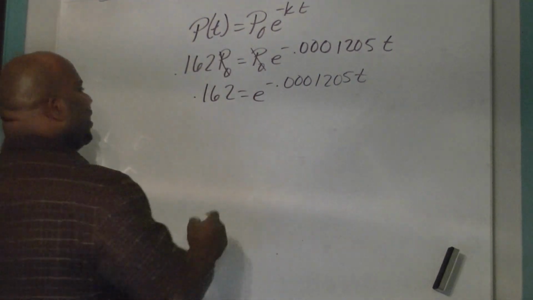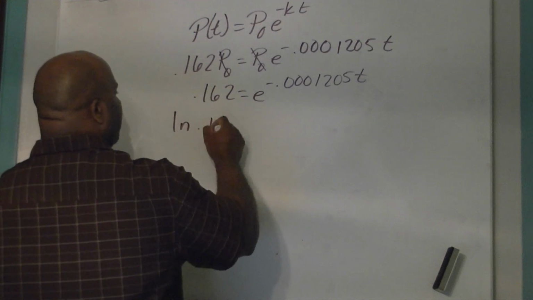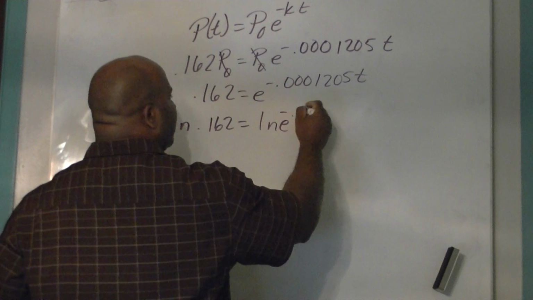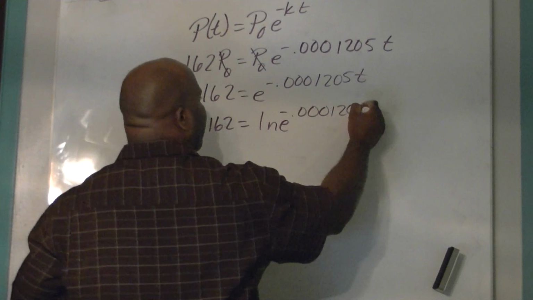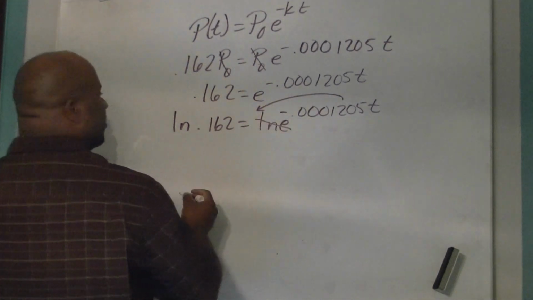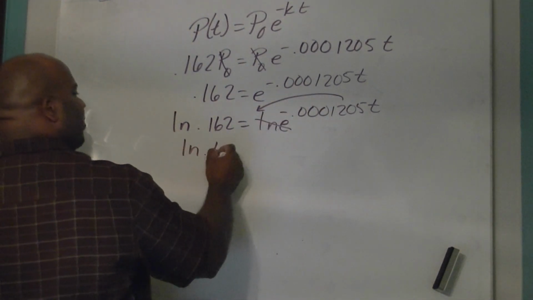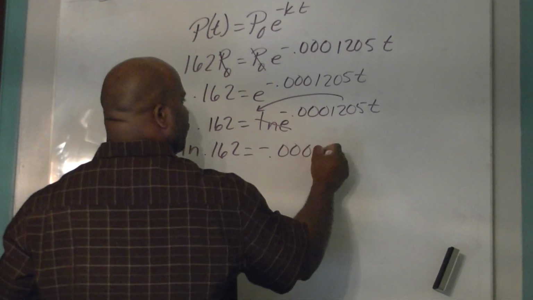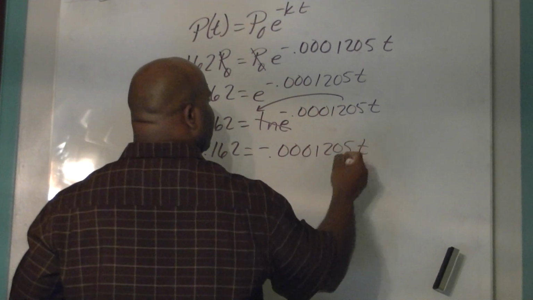Alright, so then I'm going to take the natural log. So natural log 0.162 equals natural log e to the negative 0.001205 t. And again, the exponent goes to the front, and that cancels. So now we got natural log 0.162 equals negative 0.001205 t.